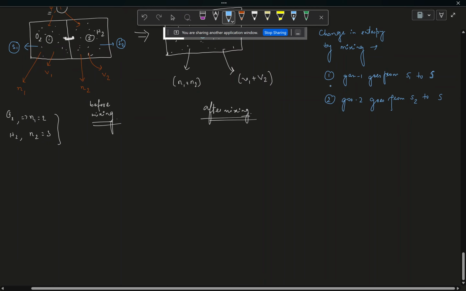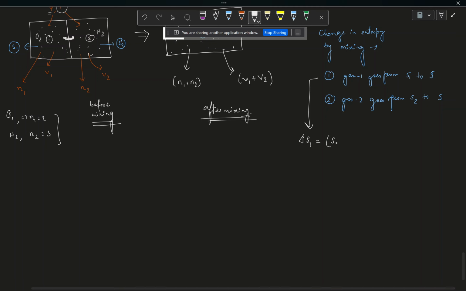So two changes happen. For the first gas, the change in entropy you can mark as delta S1, which is nothing but the final entropy minus the initial entropy. And for the second gas, the change in entropy is delta S2, which is again the final entropy minus the initial entropy S2.